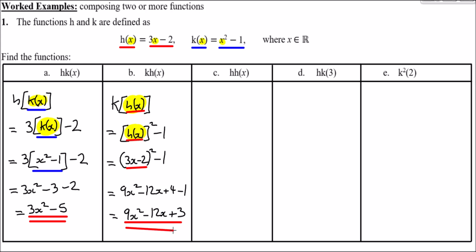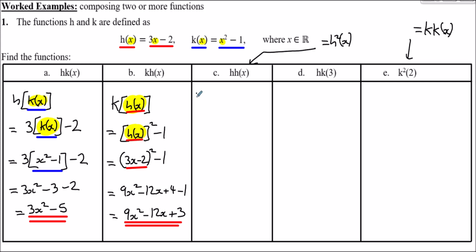Now, h of h of x, that means h is going to be applied twice. A different way h of h could be written is h squared of x. In the same way, k squared of x is the same as k of k of x. So this doesn't actually mean we're doing h of x then squaring it. h squared is just notation for applying the function h twice.